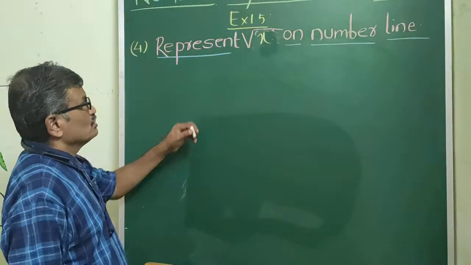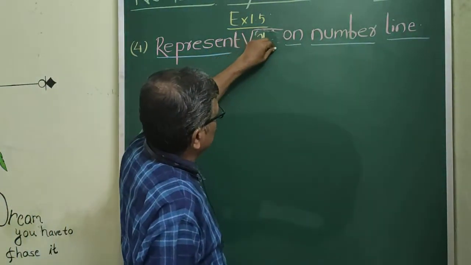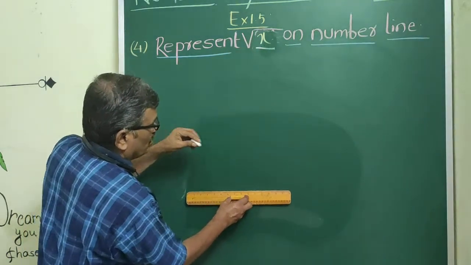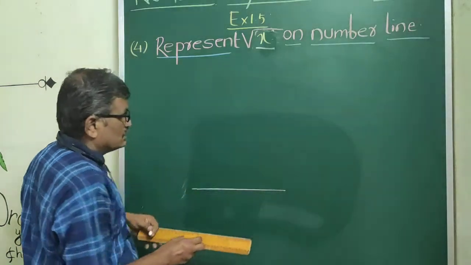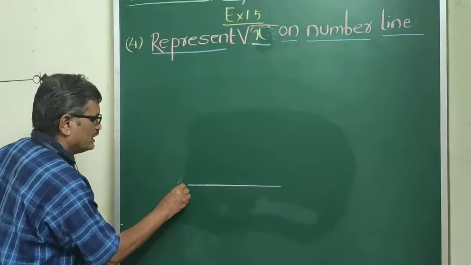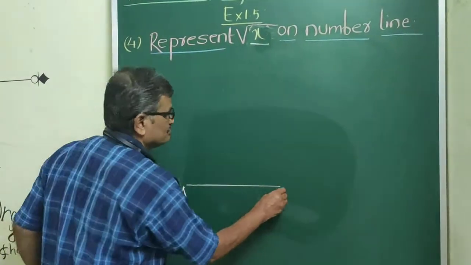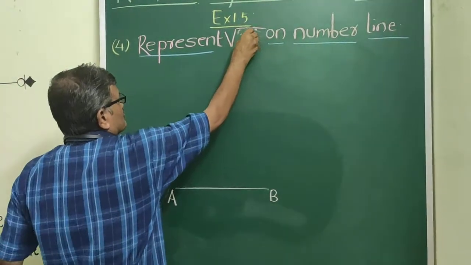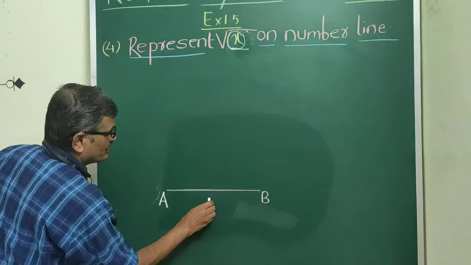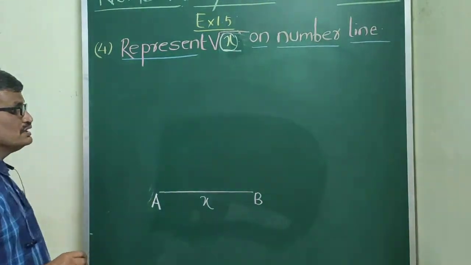Whatever length is asked, you have to draw that length on the paper. Say the length of this line is AB, and the length of AB is x.